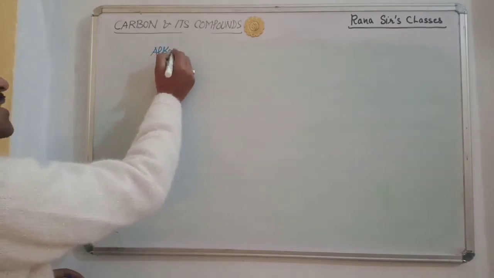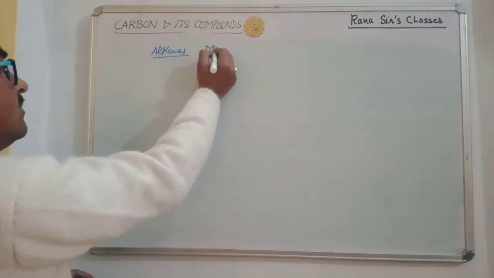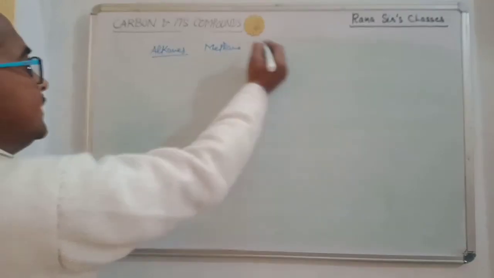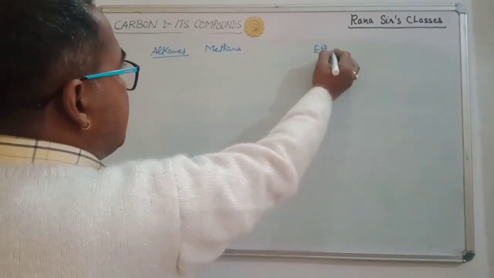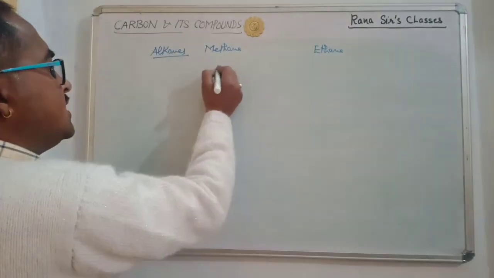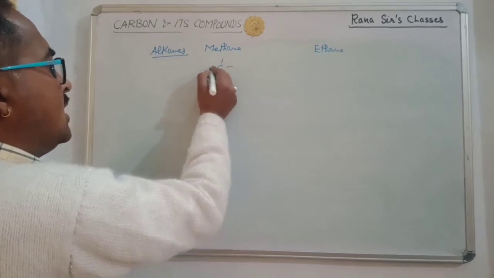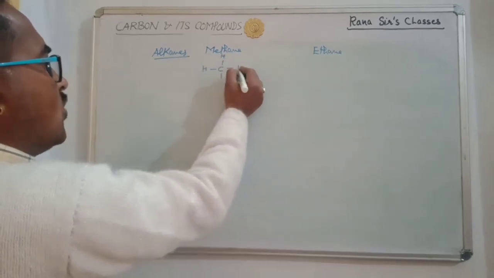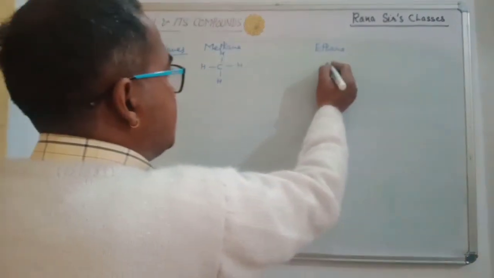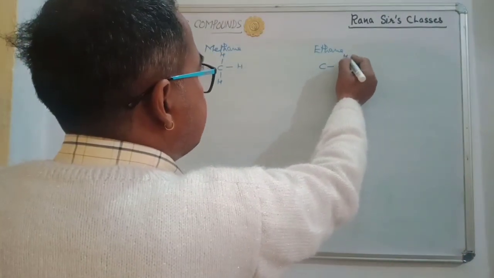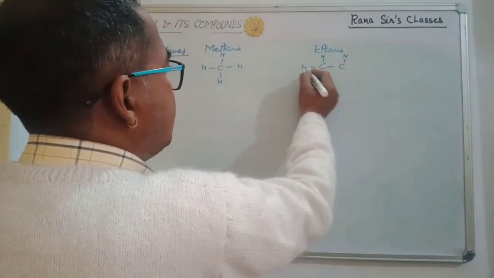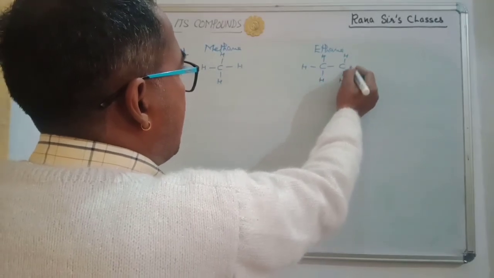In alkanes we have methane, we have ethane. Methane is what? This is your methane. All bonds are single covalent bonds. In ethane you can also look at this. These are all single covalent bonds.